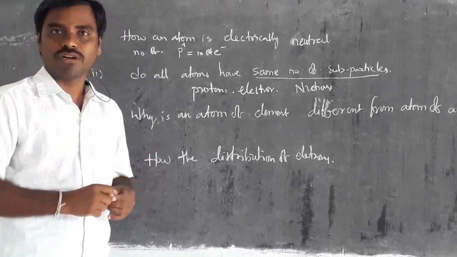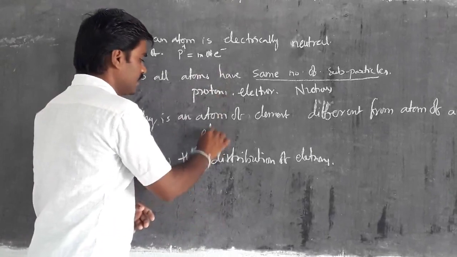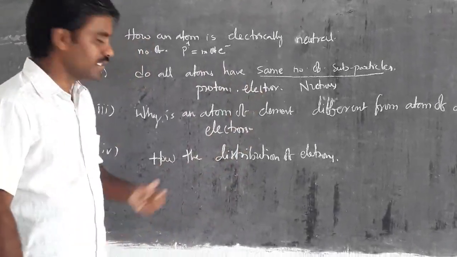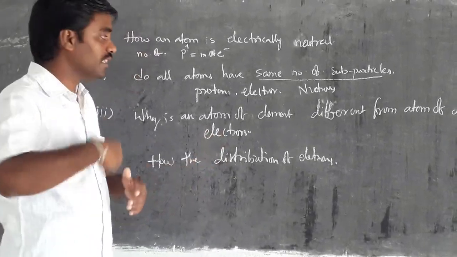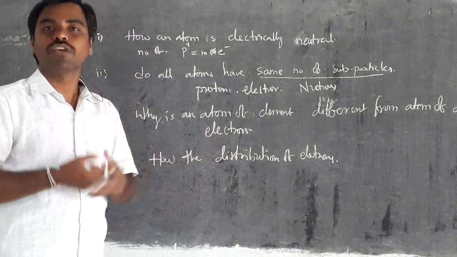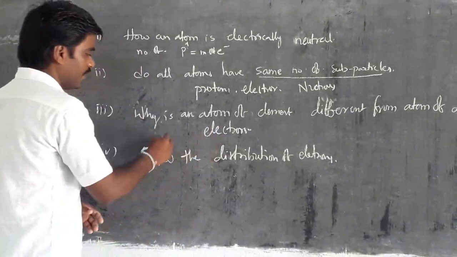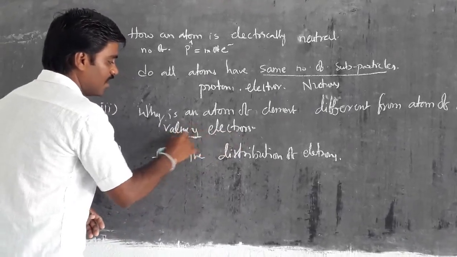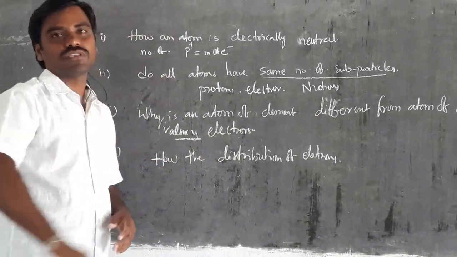In the atoms, the important thing is the electron. Electrons play the key role in showing the properties of a particular atom. Which electrons? We call them valency electrons. We already got this term in 9th class. Valency refers to the outermost electrons of the atom.